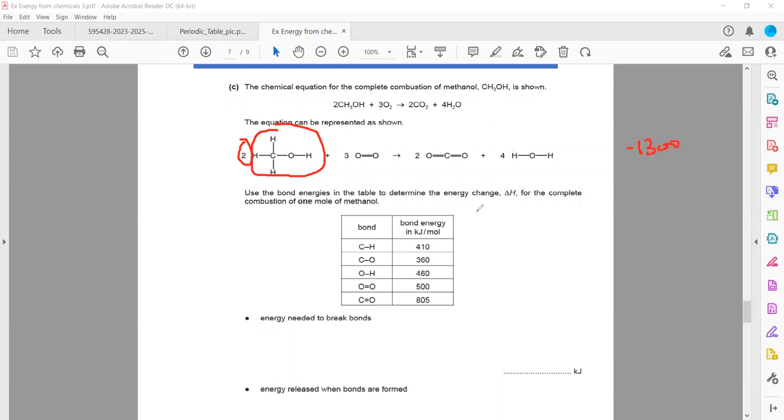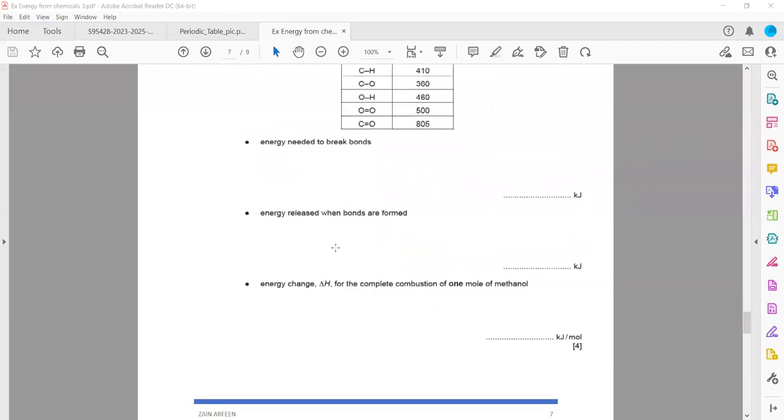But in the last part of the question, they are not asking for 2 moles, they specifically ask for 1 mole. For 2 moles it is minus 1,300, but for 1 mole, because in the equation there were 2, we divide by 2, which gives us minus 650 kilojoules per mole. Is it clear?